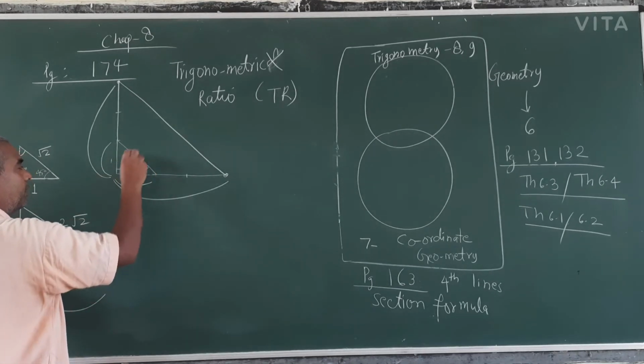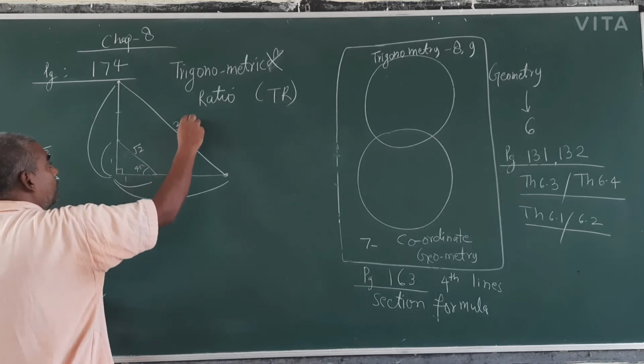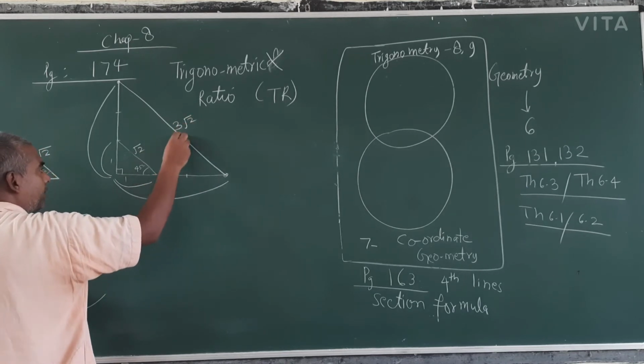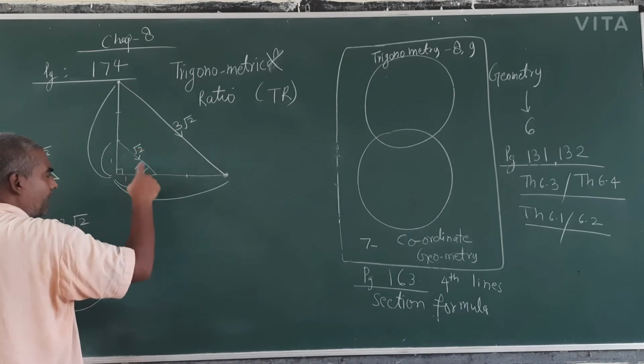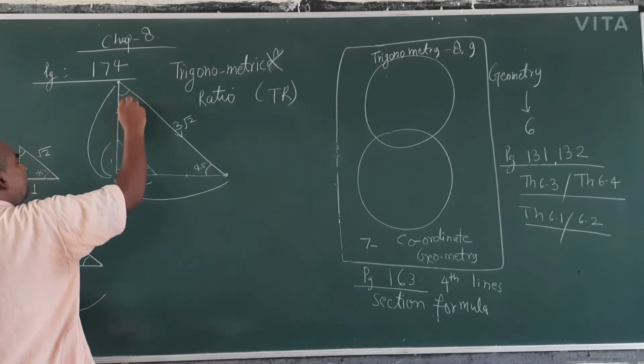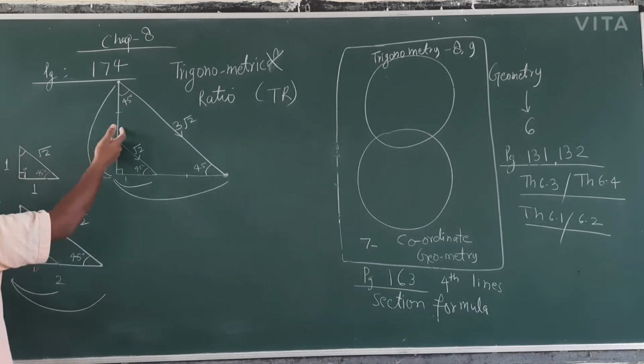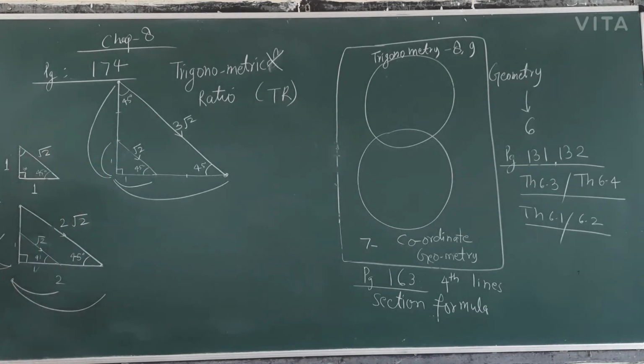This was 1, 1, and under root 2, so 3 times under root 2 is 3 root 2, and this will be parallel to this, so the angles are equal, 45 and 45. I have told you this is the double of the sides, and this is the triple of the sides. So you may say, sir, any multiples.